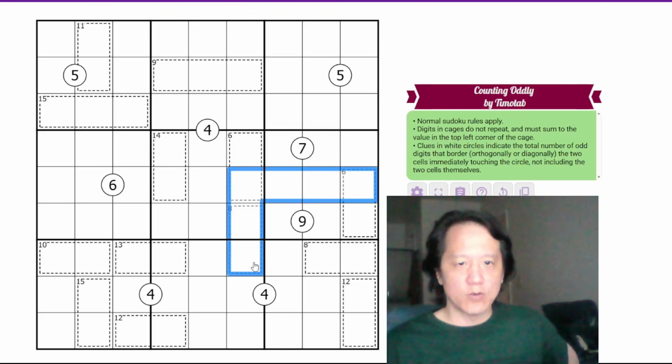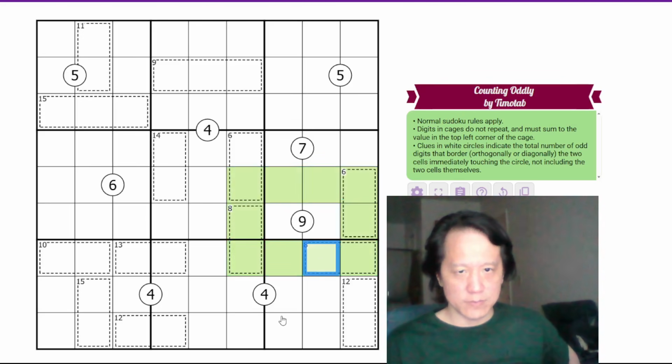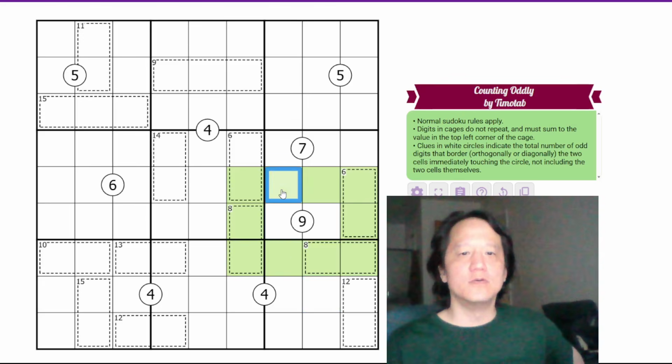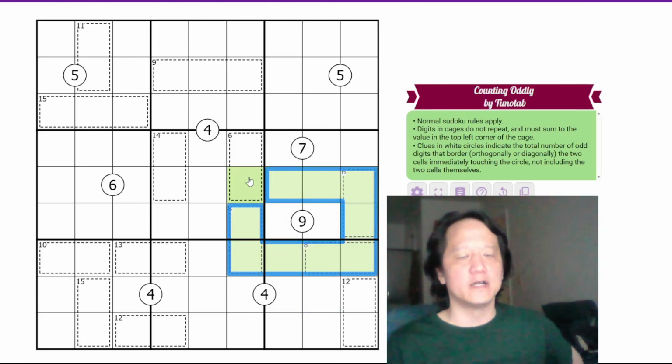Okay, so around these two cells must be 9 odd cells. Well, we have 10 total surrounding this. So 9 of them have to be odd and 1 is even.